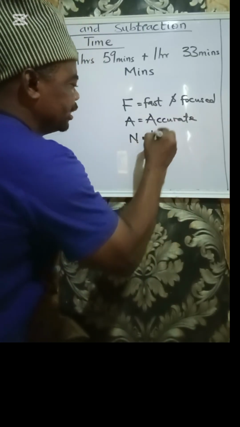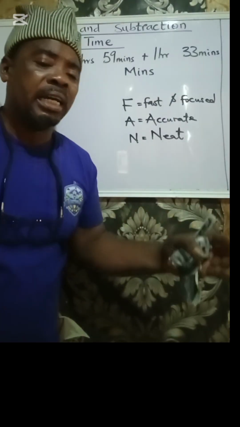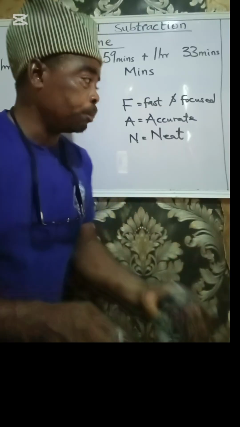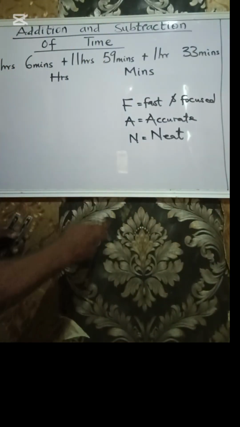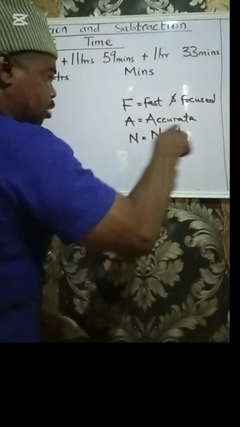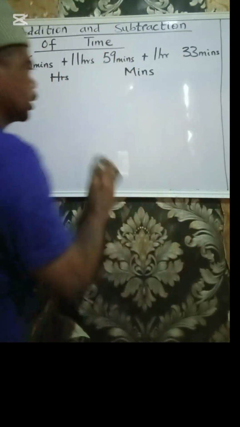And the last one, N, you must be very, very neat. That is fan of mathematics. All of you know that when we turn on our fan in our houses, we feel so comfortable. In fact, some of us sleep off. So turn on your mathematical fan and enjoy yourself. Fast, focused, accurate, and neat. Put it on. It is a good armor to fight in mathematics.